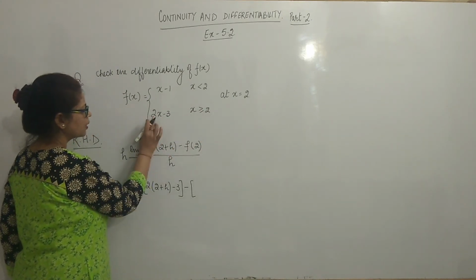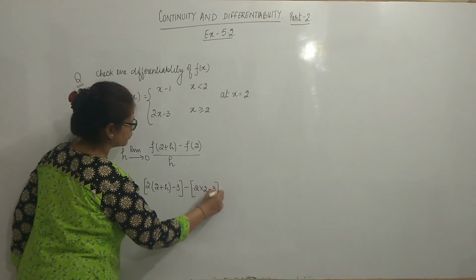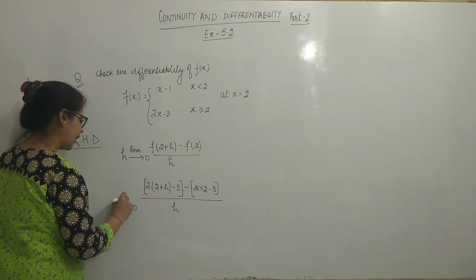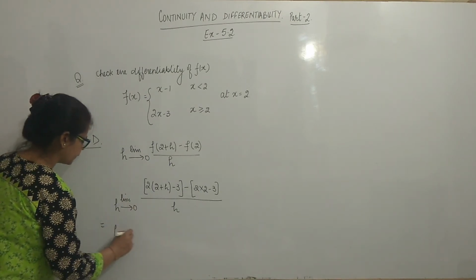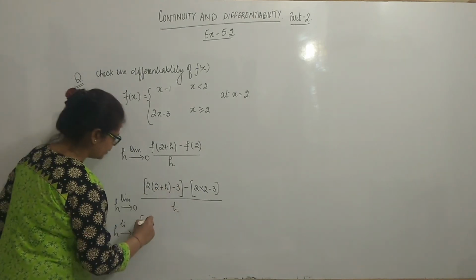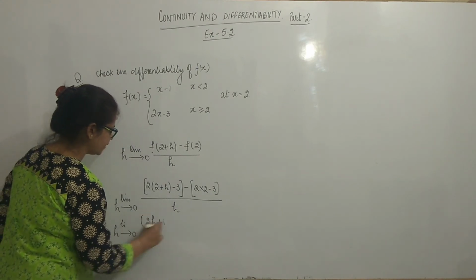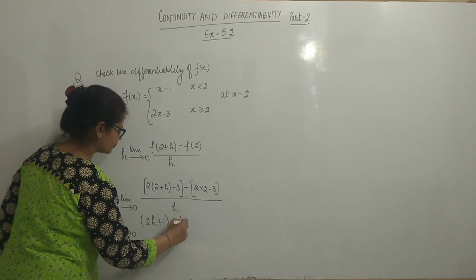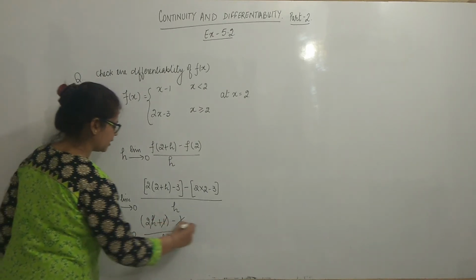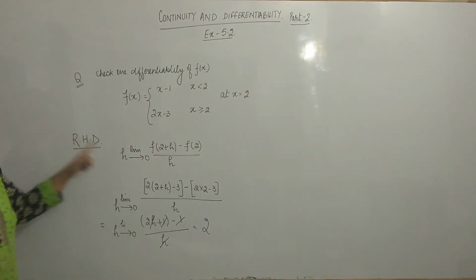So 2 into 2 minus 3, divided by h. First solve the numerator and then take the limit. 2 twos are 4 plus 2h minus 3. This becomes 2h plus 1. Right? And in brackets minus 1, divided by h. 1 cancels out, h cancels out. The limit of 2 is 2. This is the right hand derivative.